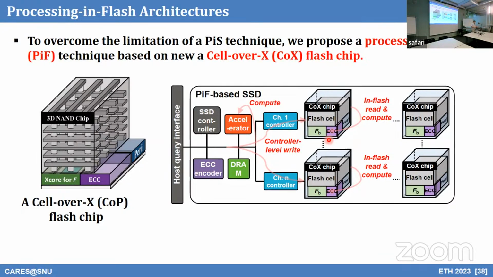So one thing we learned was, as soon as you put some computing inside the flash chip, whether it's a DNN or any simple filtering operation, the key concern is that power consumption increases very, very quickly, because flash memory is a very slow device and power management is relatively easy. But now you have to do computing inside, and many chips at the same time do some heavy computation. Power can be a real concern.